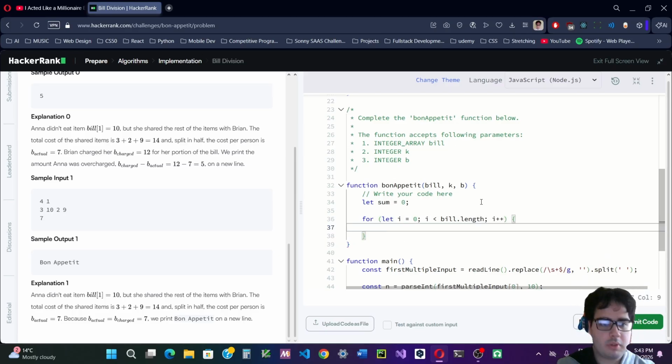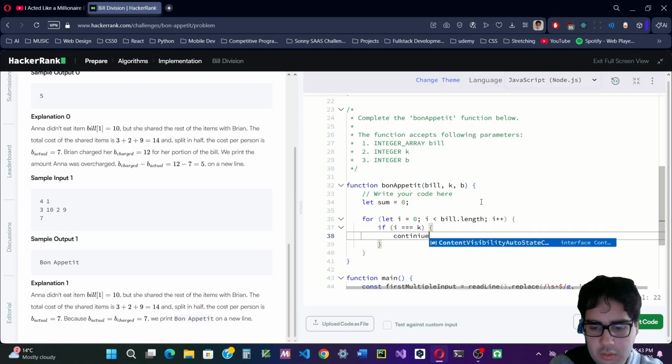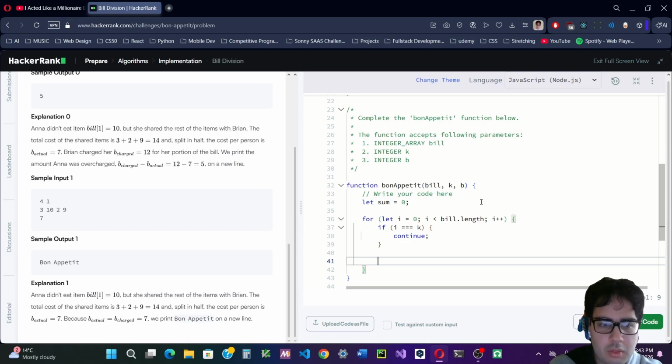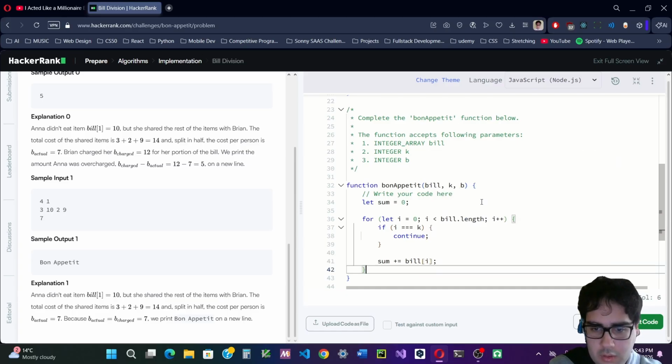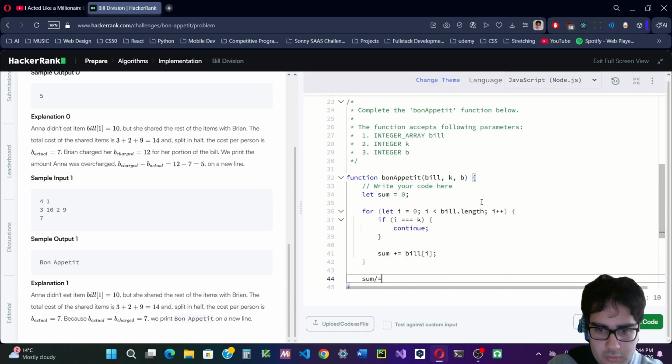So if i equals k, skip it. Sum plus equals bill of i. Then sum divided equals 2.